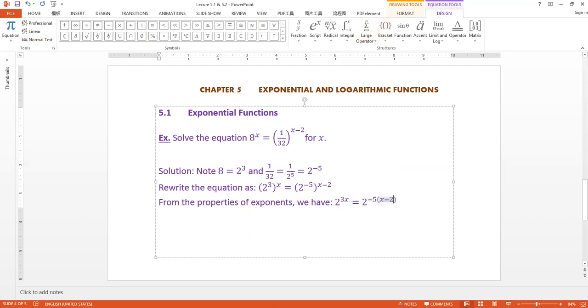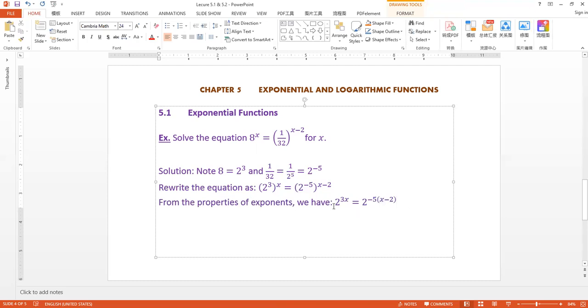Now we have the same base, and these two values on the left and on the right are equal. If you have the same base, then the exponents have to be the same in order for the two exponentials to be equal.